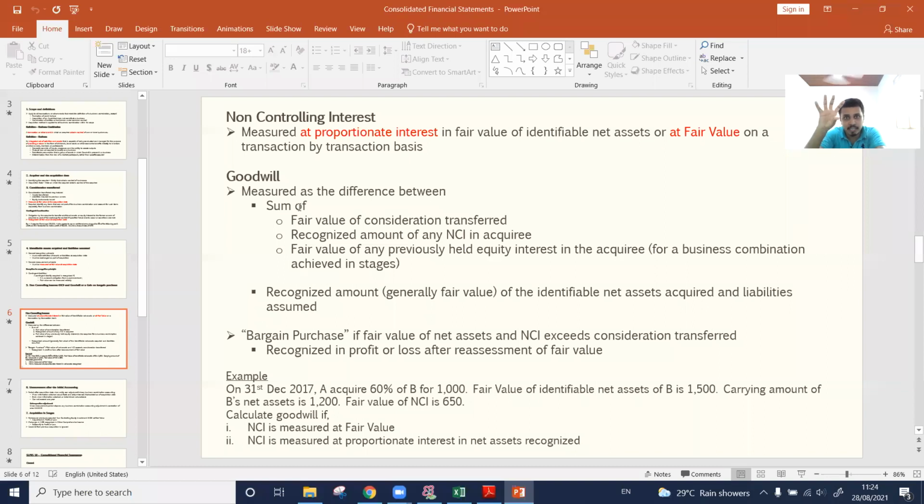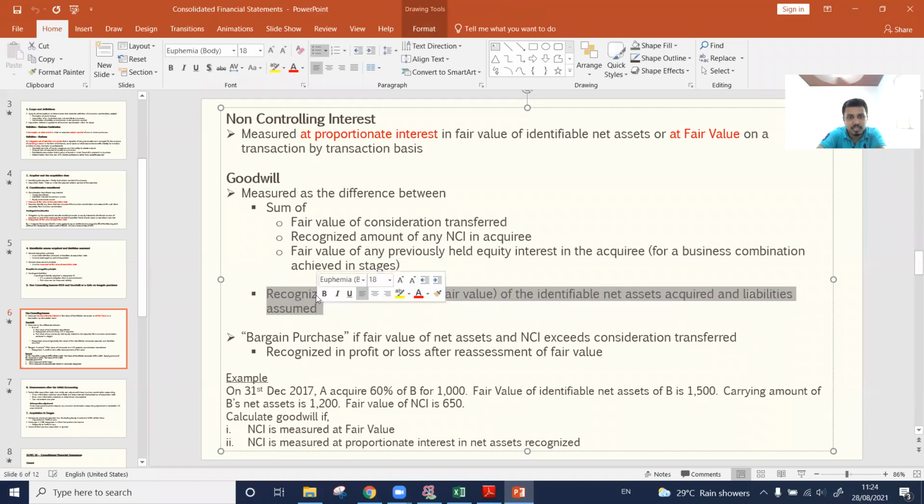The sum of the fair value of consideration transferred, that is what we considered as investment, and the recognized amount of any NCI in the acquiree, that is why we add NCI to the investment value, investment plus NCI. Then the difference between this and the recognized amount of the identifiable net assets acquired and liabilities assumed, that is why we are deducting net assets.